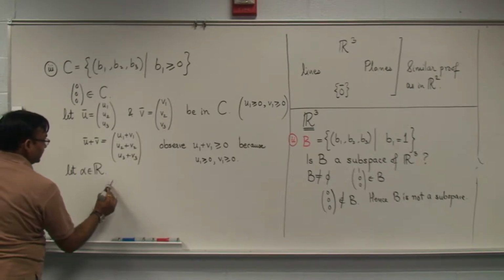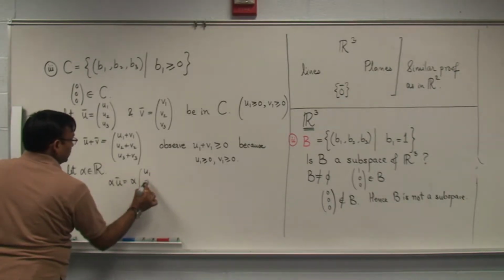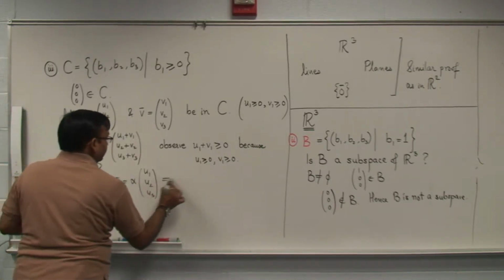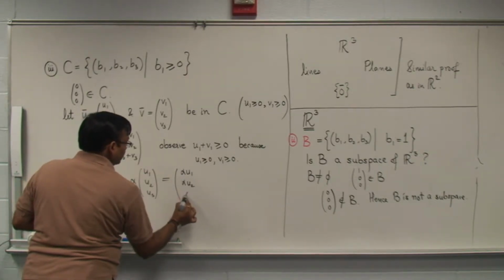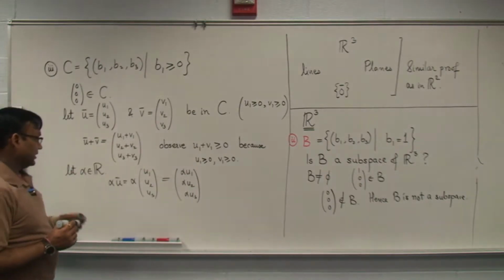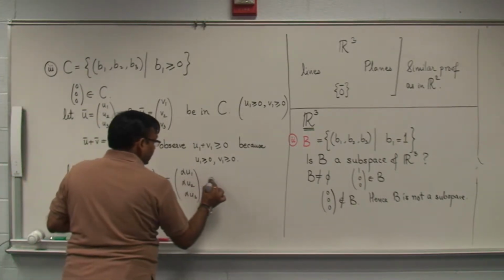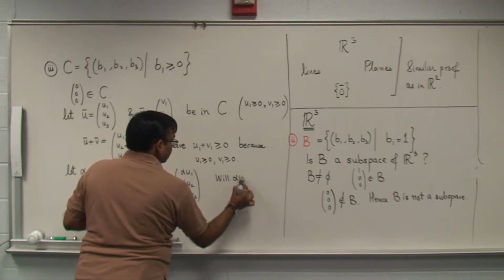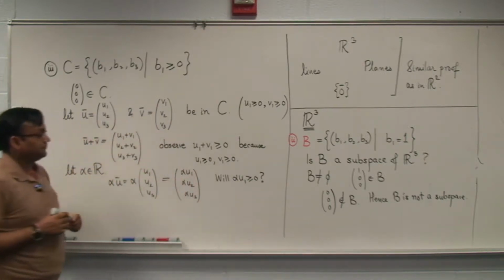So alpha times u would be alpha u1, alpha u2, alpha u3. For this to be a vector in the set C, we should ask ourselves a simple question: will alpha times u1 always be greater than or equal to 0?